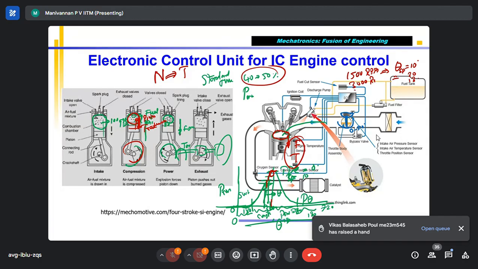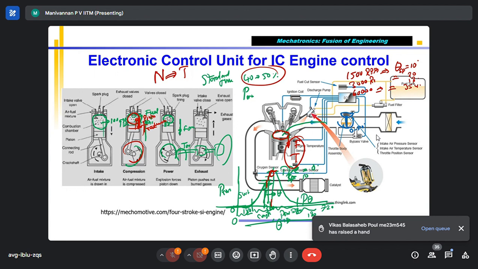If the engine goes to 6,000 rpm, you have to give something around 35 or 40 degrees in advance, because the piston is moving very fast and takes very little time to travel this distance. So this is how the engine works: when engine speed increases, the spark should be advanced much more.